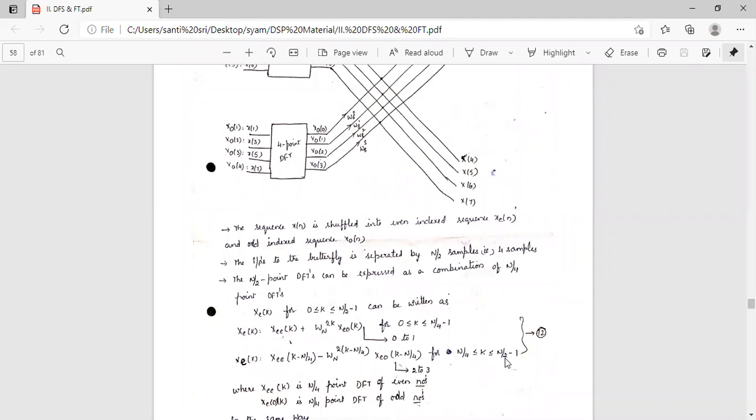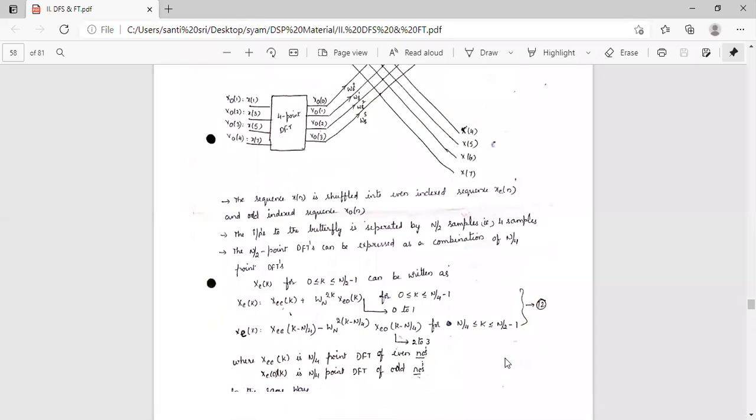By doing a problem, we can understand this concept. This is the analysis of how to do the 8-point sequence using the butterfly model.